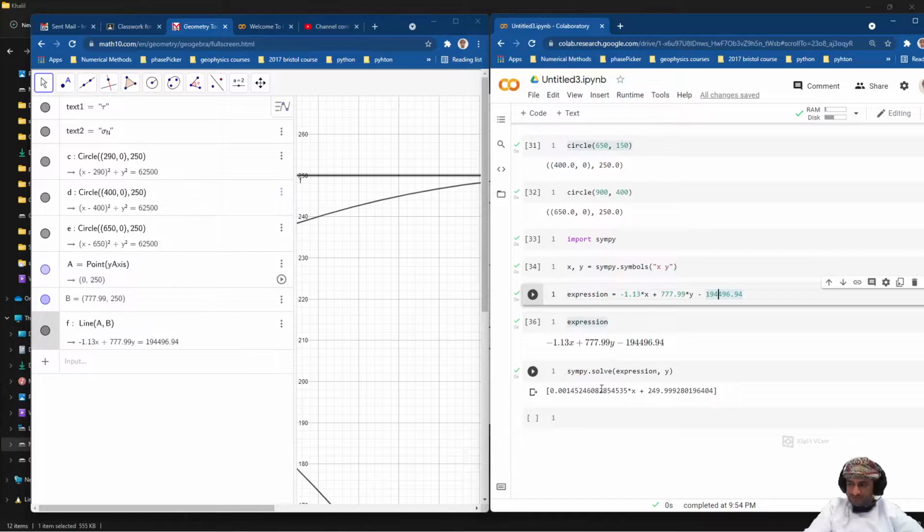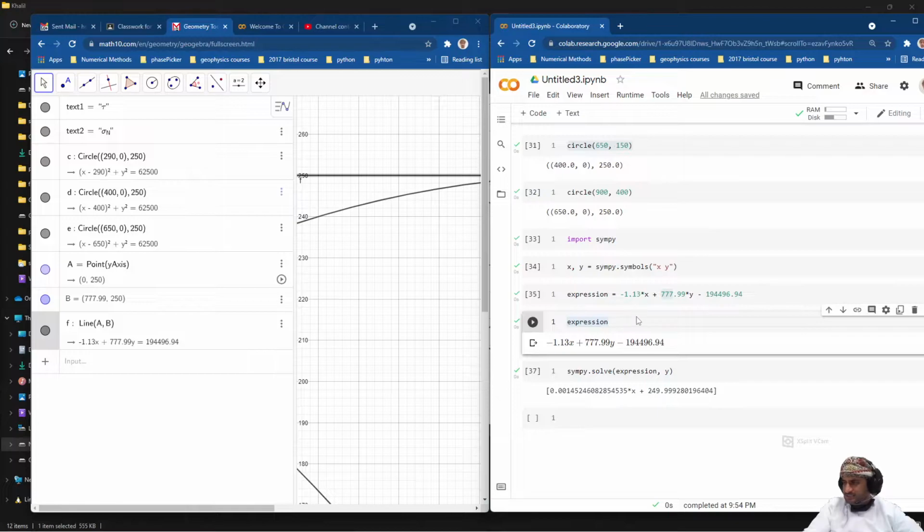The slope itself is zero. And the y-intercept is not the one you see here, it is 250 exactly. There are some rounding errors. As I said, in doing mathematical things, you always get rounding errors, especially since we are using this tool. This tool brings some rounding errors.